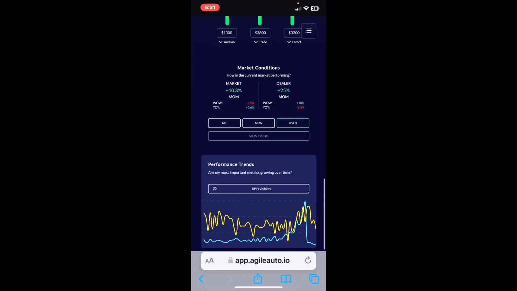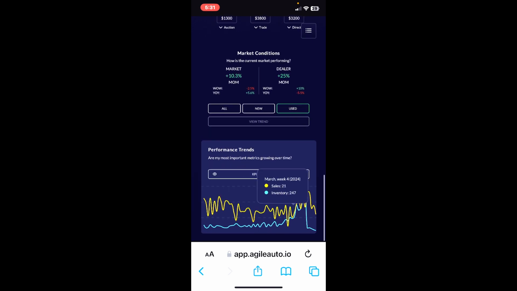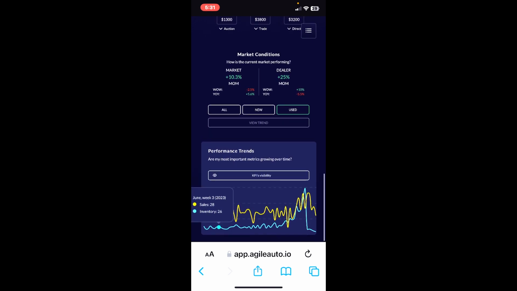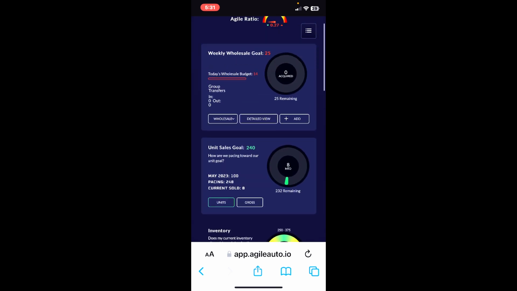Really good information there. And then you can trend out. You can pick a KPI, any of these right here, and trend out how you've done over the last 12, 6 months, year altogether.